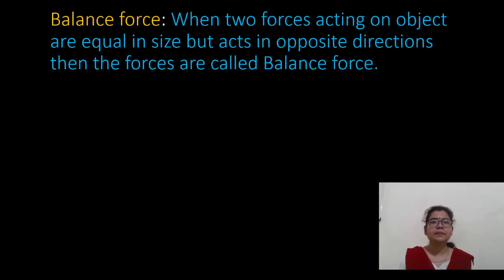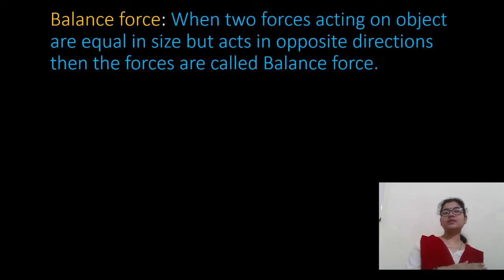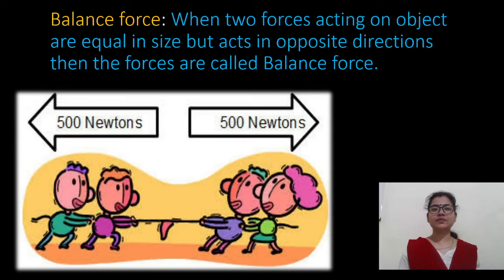Now we will see balanced force. When two forces acting on an object are equal in size but act in opposite directions, then the forces are called balanced force. You can see here, students, this is an example of tug of war.